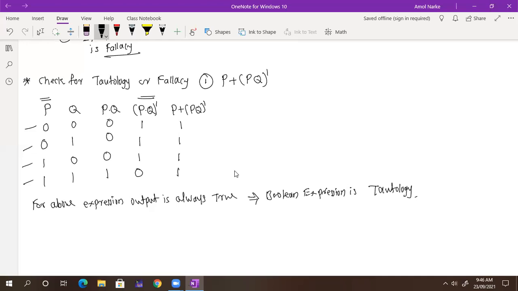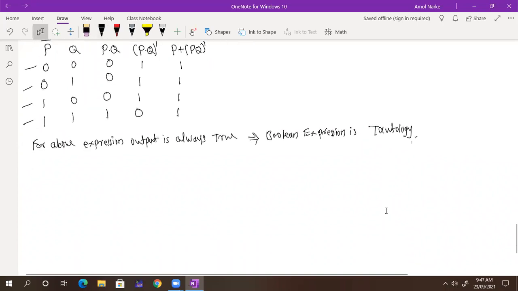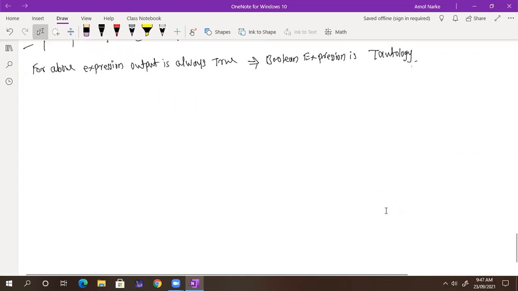Okay. Now we are going to see some of the properties. Before going to the properties, logic gates are also used. So how do the logic gates look, what are the symbols of the logic gates that we are going to see, and then we will go to some properties of those gates.